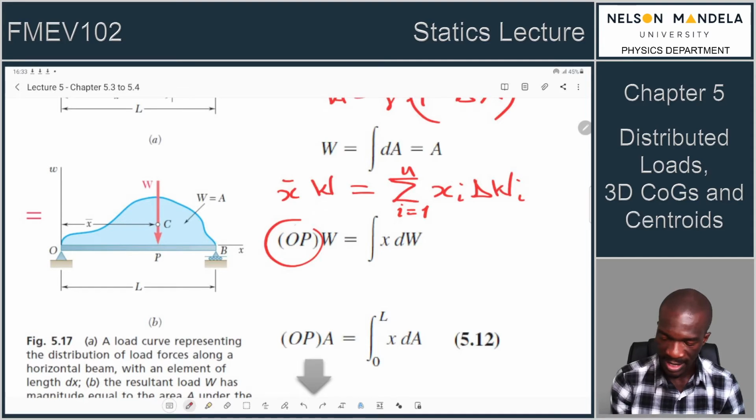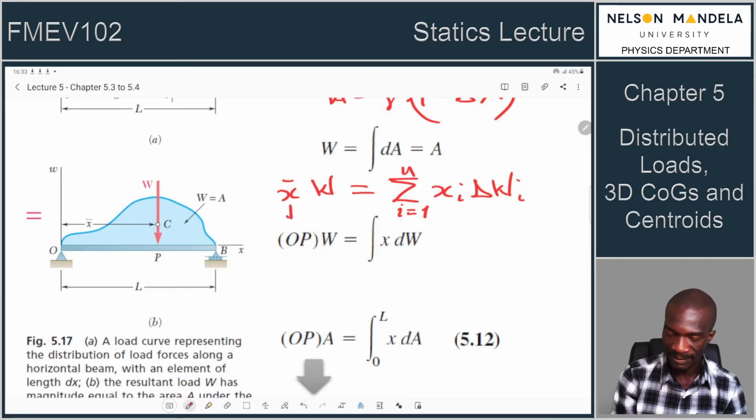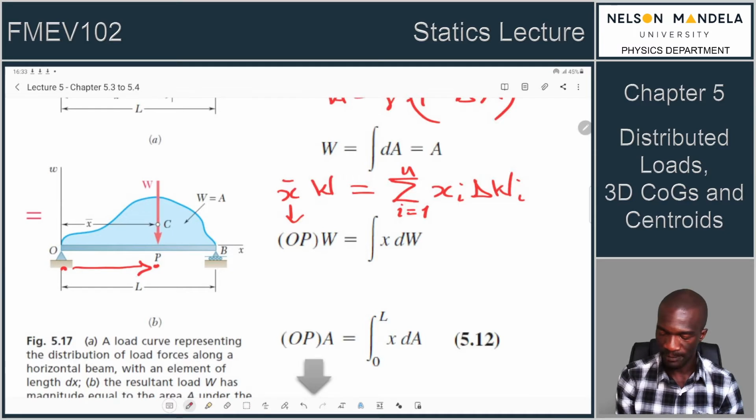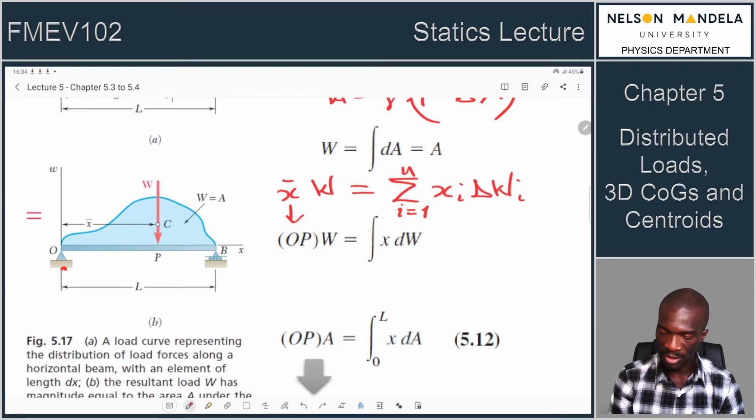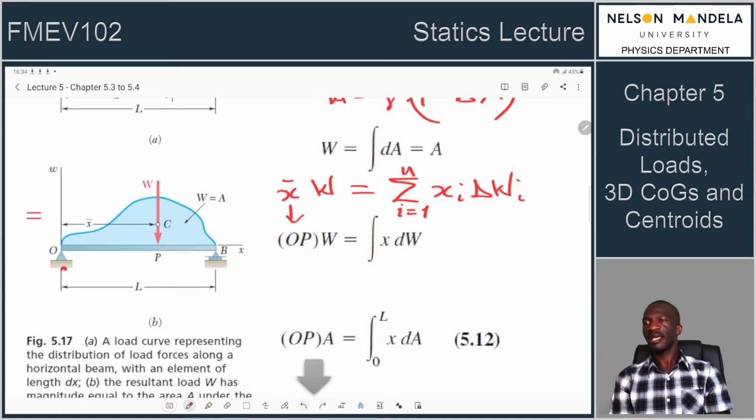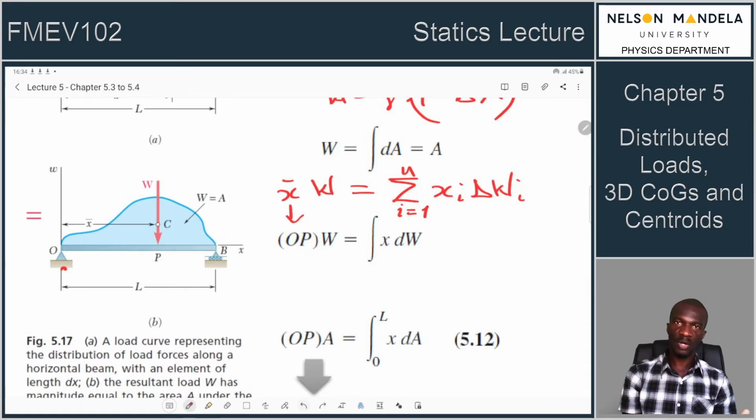This arrangement has the x bar represented by the length from O to P. That is our x bar, which is labeled there. Then that x bar, OP, is multiplied by the weight, and we get the integral of x dw. What are we trying to do?